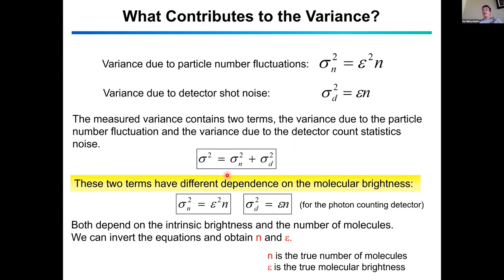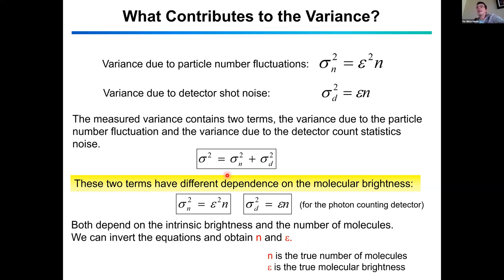Okay. What actually contributes to the variance that we are quantifying? Well, there are two major contributions. One is the variance due to particle number fluctuations, and this is what we want to measure. This is equal to the brightness of the particle, epsilon squared, times the number of particles that we have.